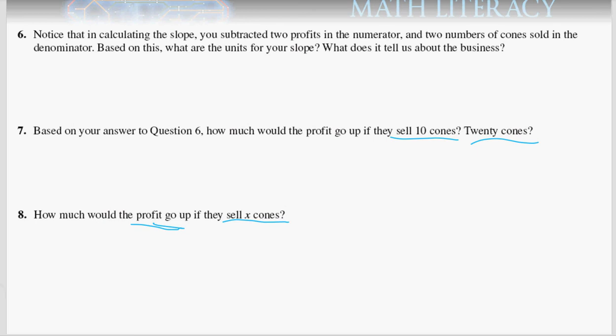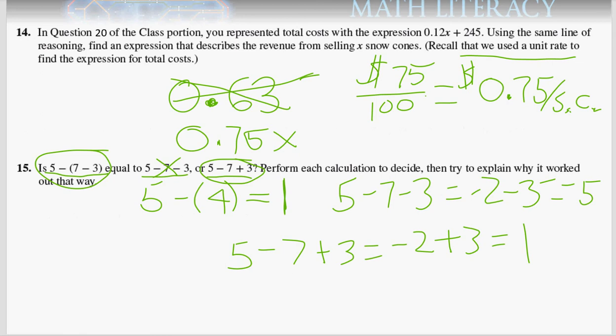This kind of goes back to something that we discussed, if I can find it. If you watch the video for this lesson, question 14. Question 14 says, how much revenue describes the revenue from selling X snow cones?